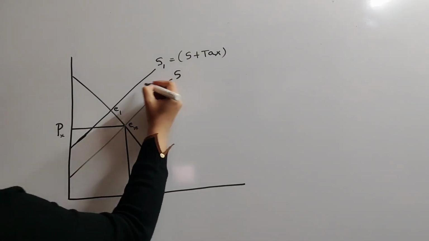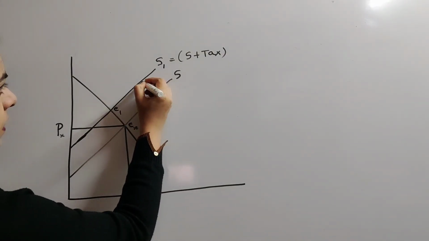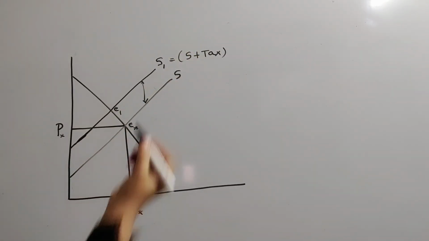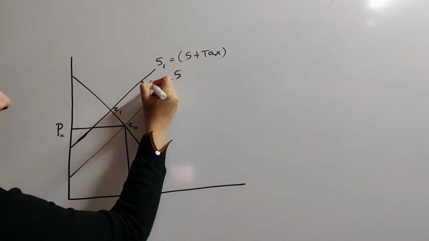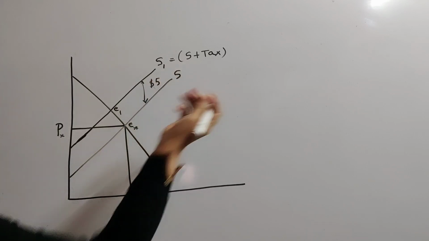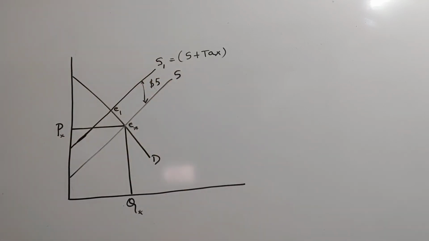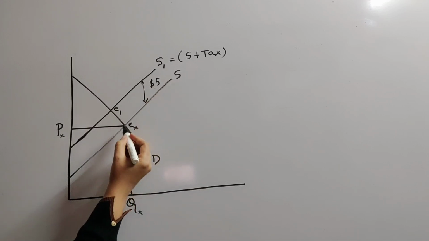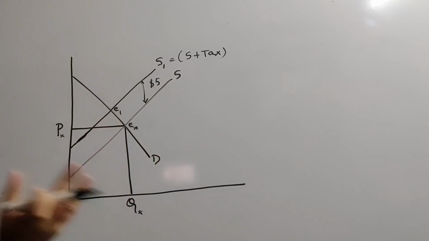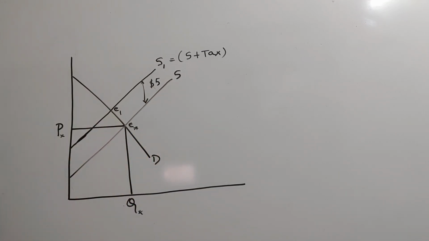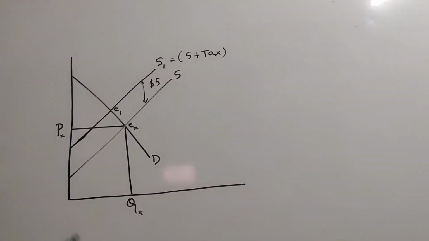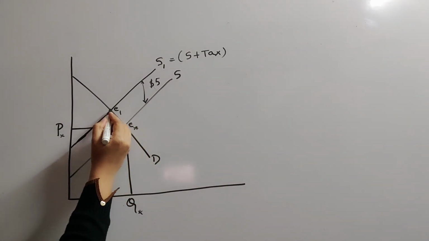Now as a result of specific tax, as we can see here, there is an upward shift in the supply curve. The new supply curve is S1, shifted by the amount of tax, in this case let's say $5 per unit of output that is sold. Again, there will be a change in the price that is paid by the consumer and the price that is received by the producer.